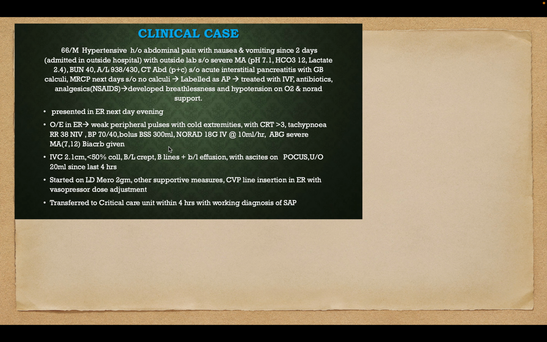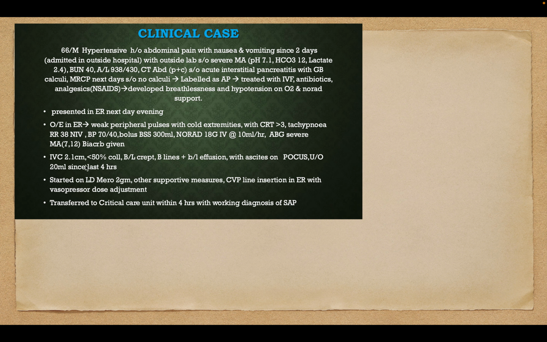This patient came to us in the ER, and in the ER he had low peripheral pulses with cold extremities, tachypneic. Patient was put on NIV, hypotensive, sugars were high, and the noradrenaline drip was started, and ABG was corrected with bicarbonate accordingly.